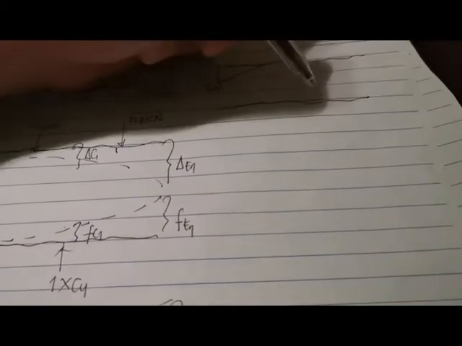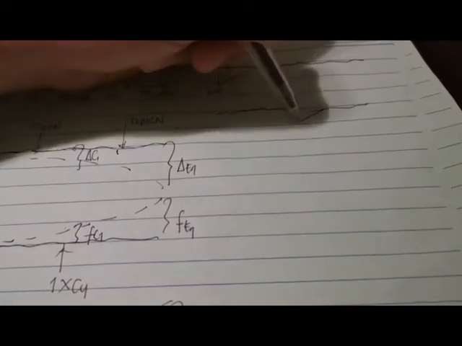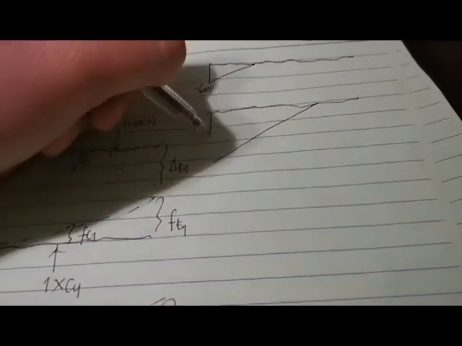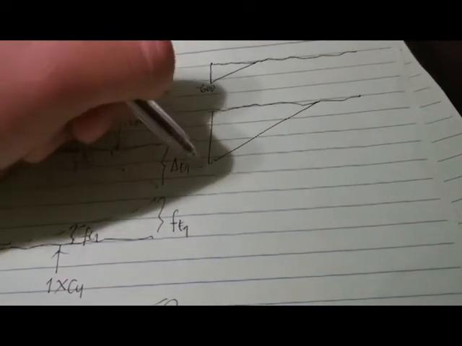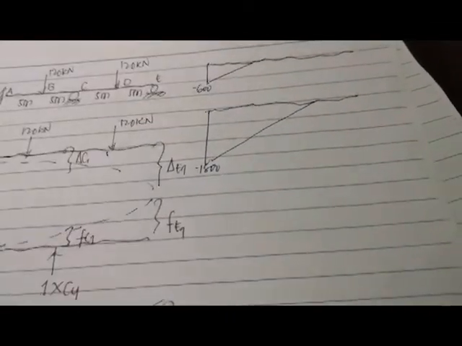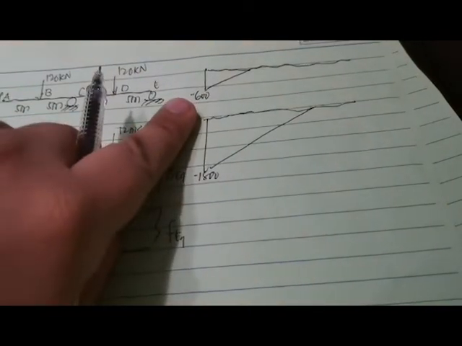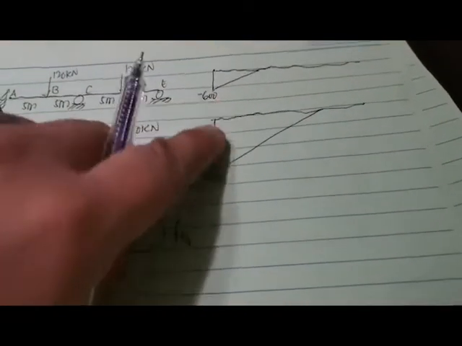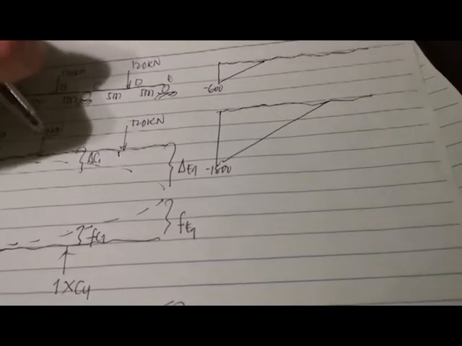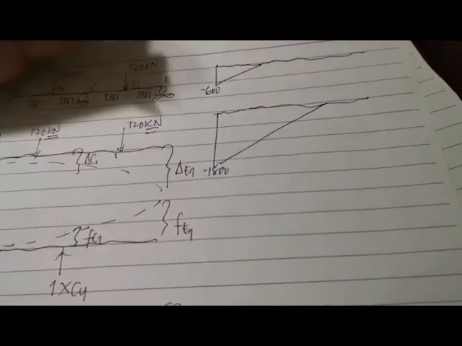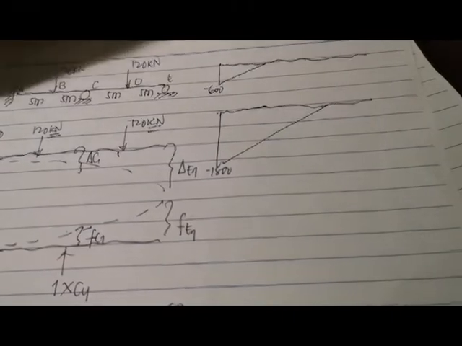Okay, and then this will be your moment diagram, negative 1,800. We have two different moment diagrams, due to the 120 kilonewton at point B, due to the 120 kilonewton at point D.